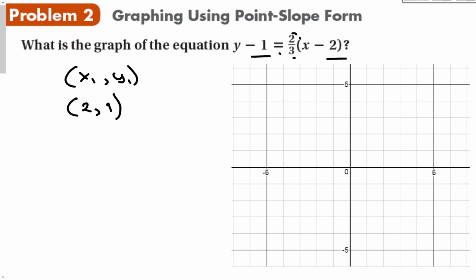So I put a dot at 2, 1, which is right here. Then the slope, 2/3, tells me to go up 2, right 3, or down 2, left 3. Down 2, left 3 again, and I have my line.